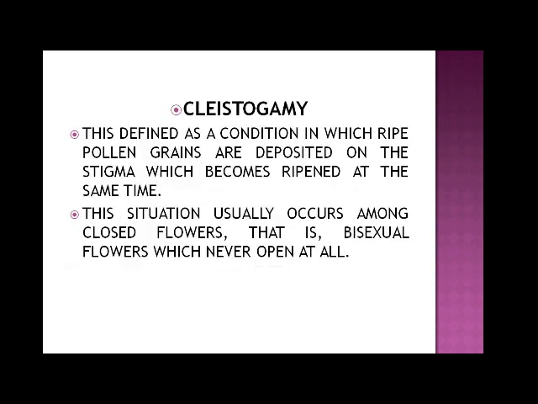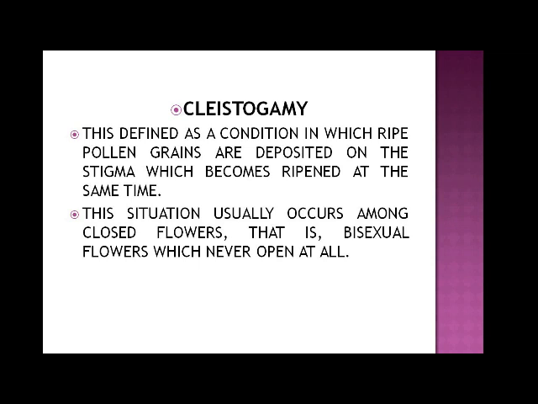The next one is cleistogamy. In cleistogamy, the word simply refers to a situation or condition in which pollen grains are deposited on the stigma, which becomes ripened at the same time.